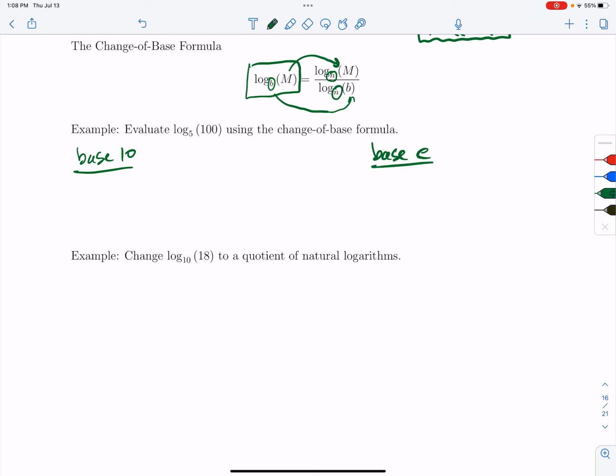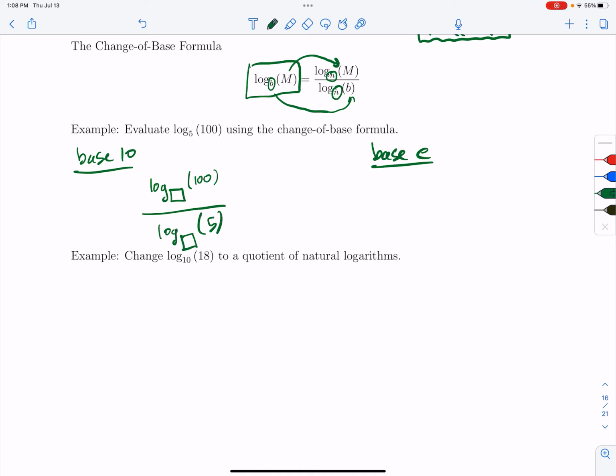Okay, so log base 5 of 100. So what the change of base formula says is I can rewrite this by picking any base, the original argument becomes the argument up here, and then the original base becomes the argument here.